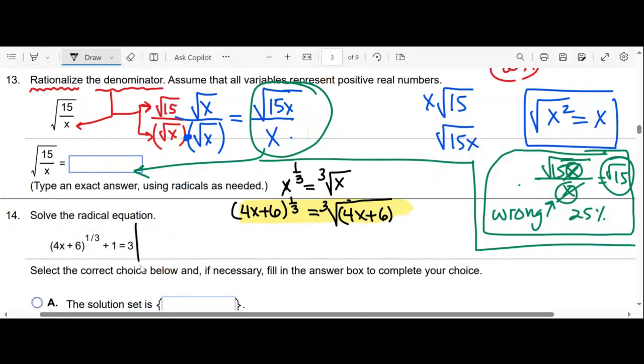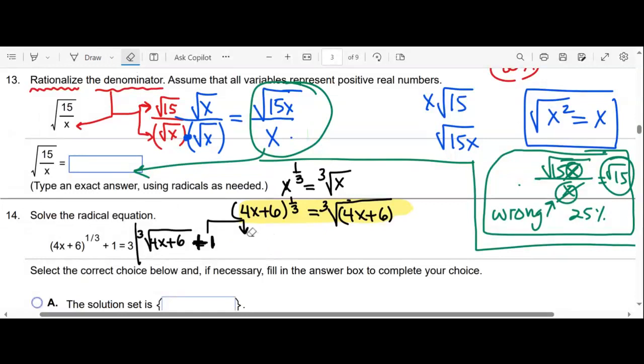So this means 4x plus 6, the cube root. Here I have plus what? 1. Can I move the 1 to the other side? With the 3, it becomes negative 1, correct? So it becomes 2.